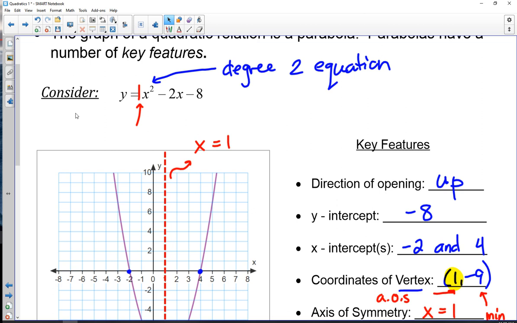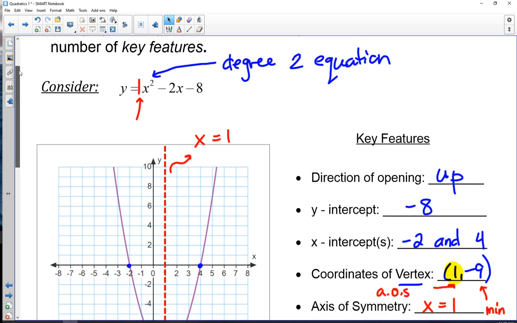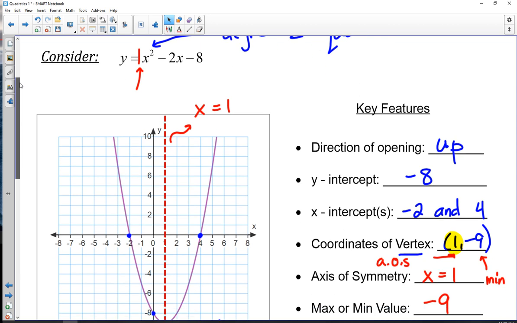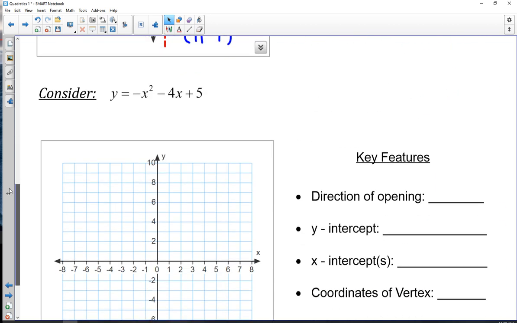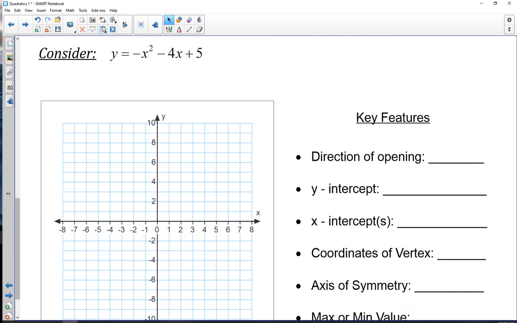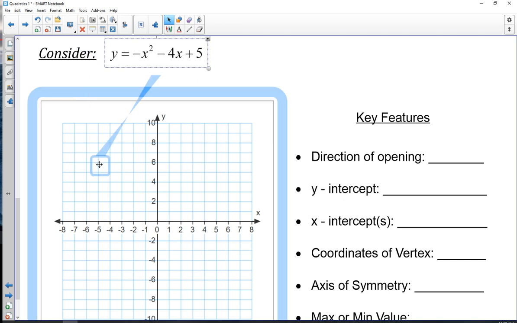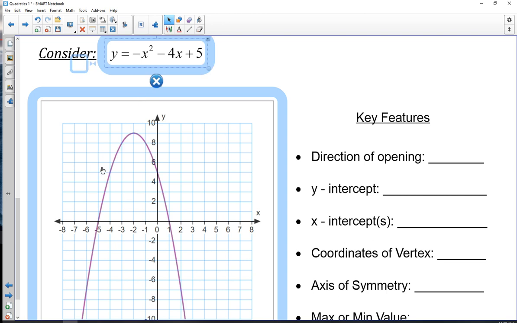Let's take a look at a parabola that opens down. So y equals negative x squared minus 4x plus 5. If we graph this one, also in standard form, notice the negative in front of x squared. This parabola is going to open down.